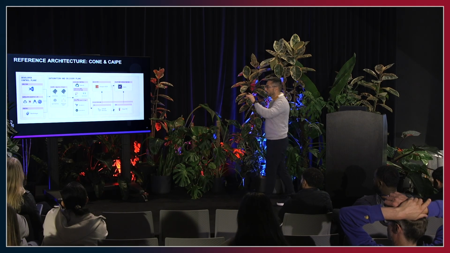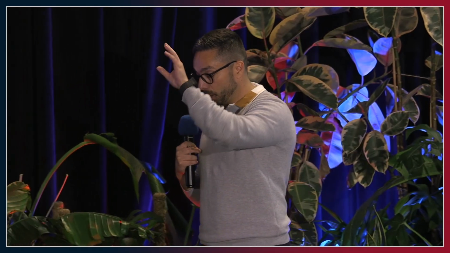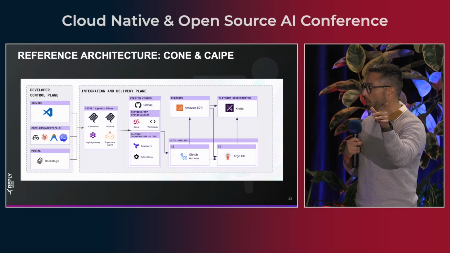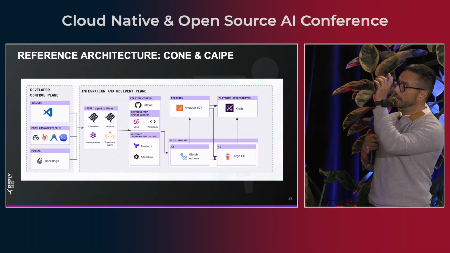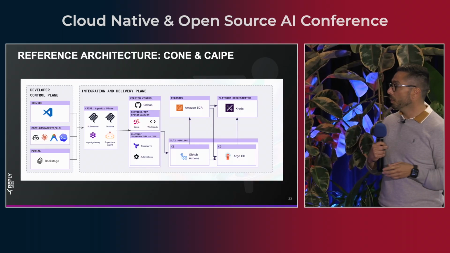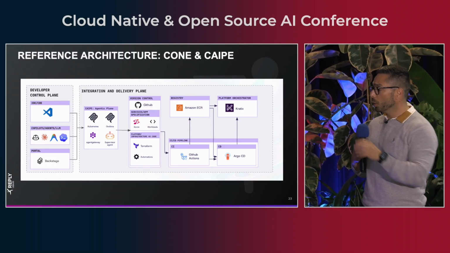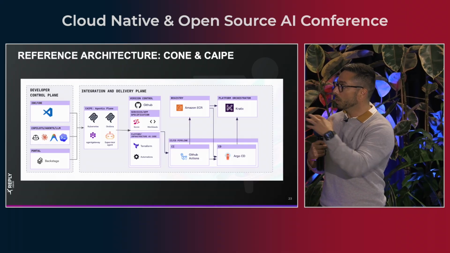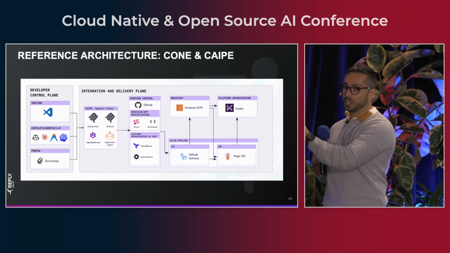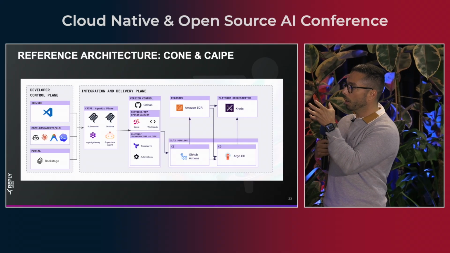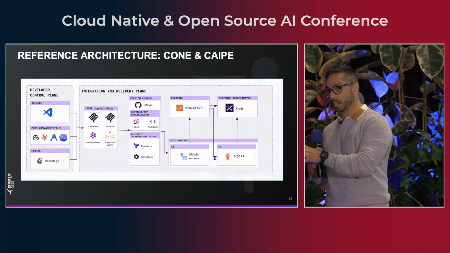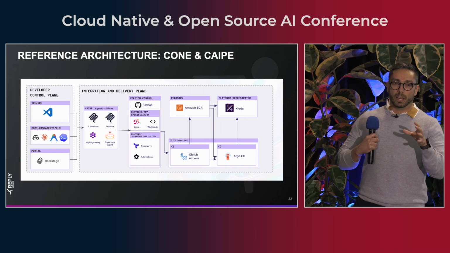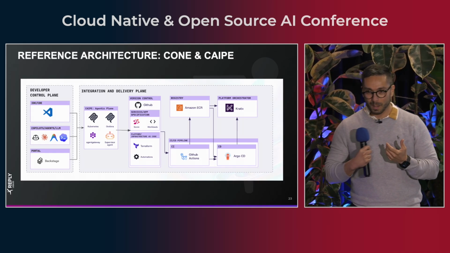So imagine what I showed you at the beginning. At the developer control plane, we had IDEs, VS Code, popular everywhere. What was missing, at least for me, was this agentic part. Now we can also integrate the agentic part into the internal developer platform. There is a lot of skepticism, as we saw today.